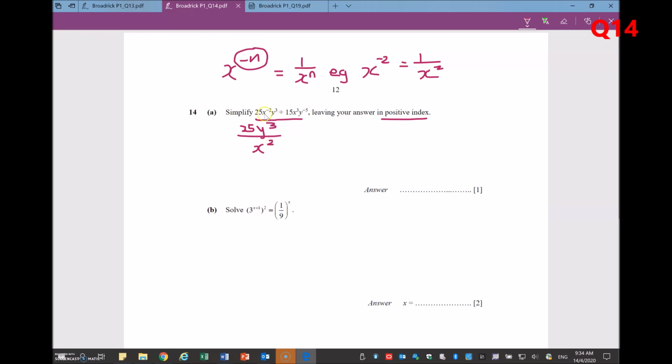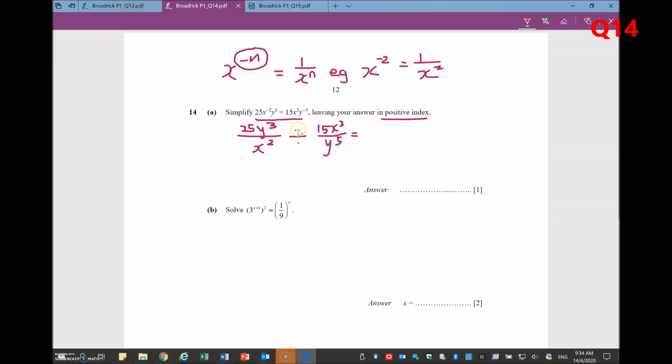So to change x to the power negative 2 into positive index, it becomes the denominator. Divided by, and here I want to change the y to the power negative 5 to the positive index. I also make it become the denominator. So it becomes 15 x to the power 3 over y to the power 5.